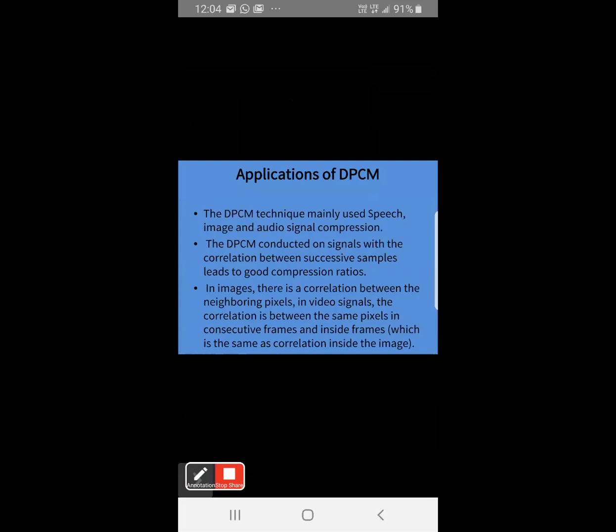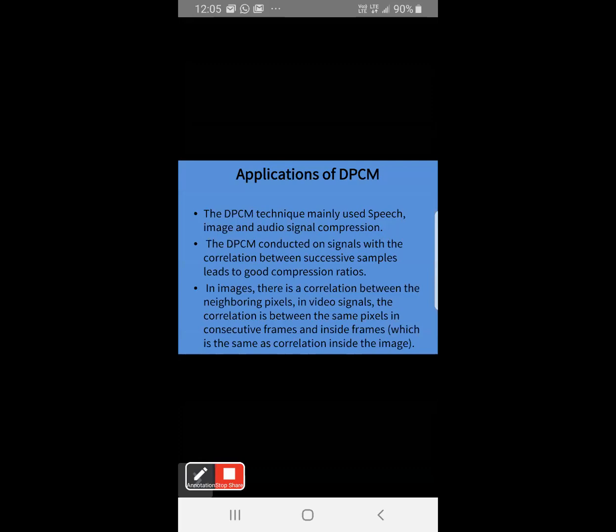And coming to the applications of the DPCM, the DPCM transmitter and receiver will be used in speech signaling, and some image signals in the ammunition field. We can also use audio or speech signals, which is the same, for speech identification of the audio.